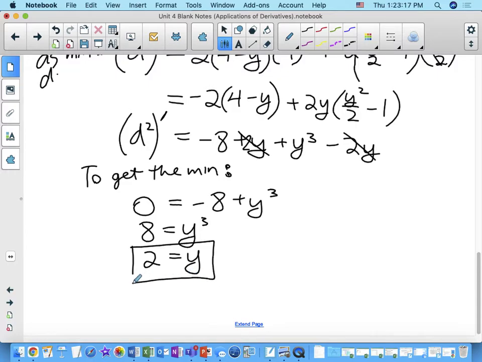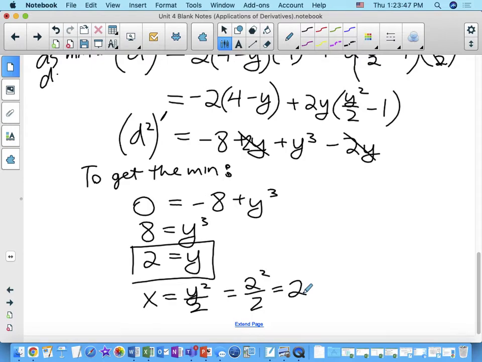Now we're not just after y, we want x as well, so we have to figure that out too. Now x was equal to y squared over 2. That's what we subbed in, right? So when y equals 2, x is going to be 2 squared over 2, which is 4 over 2, which is 2.